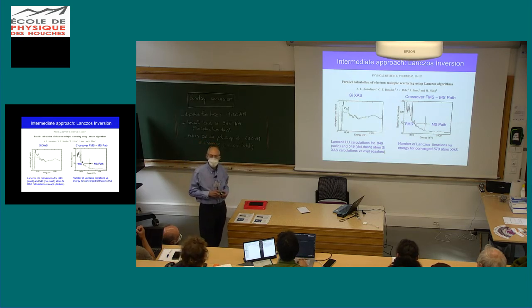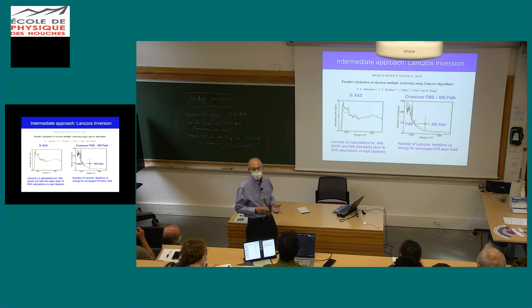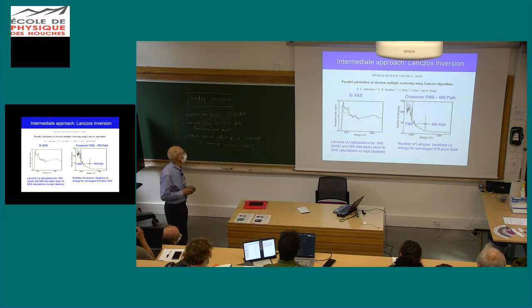Lanczos is a wonderful way of doing matrix inverses. It's basically an iterative approach that interpolates between sort of full matrix inversion and then a fast matrix inversion where there's just like a single pole. Anyway, it's used by the quantum chemists a lot.